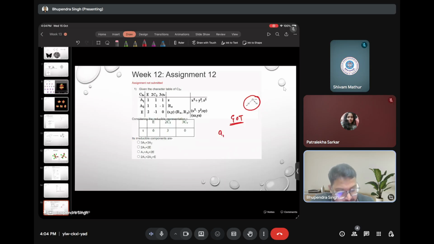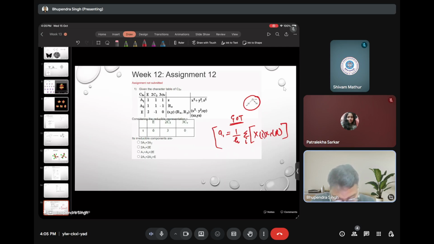A1 is equal to 1 by h, summation i, in bracket, chi, and chi i of R. So this formula we are supposed to use.